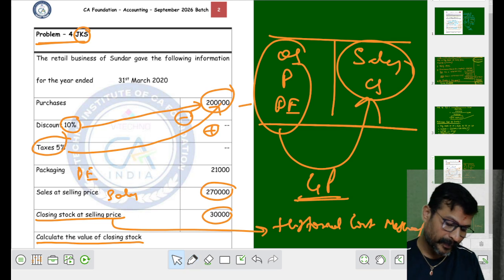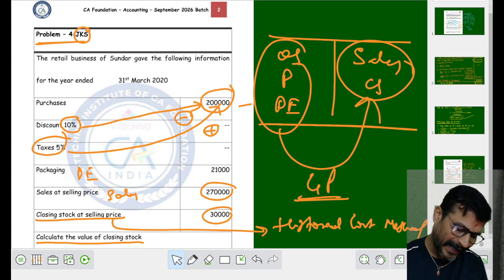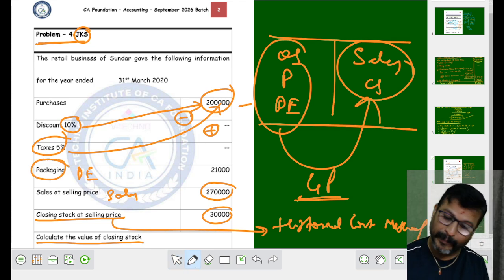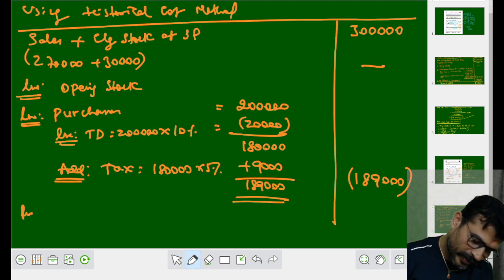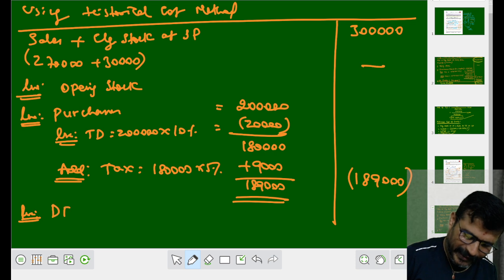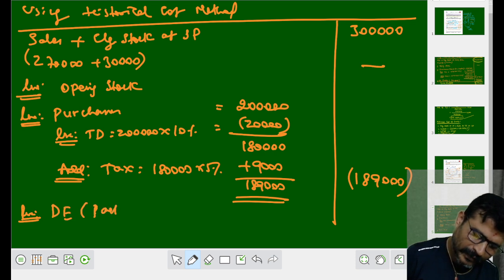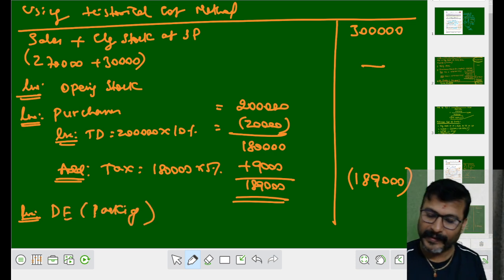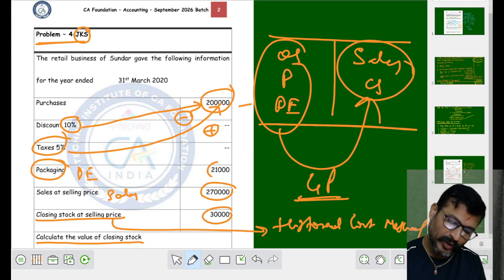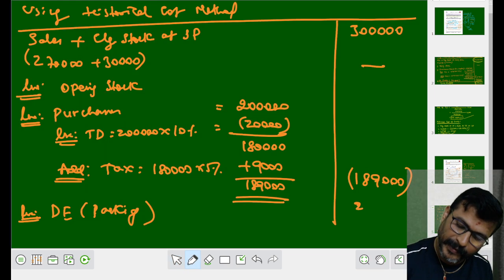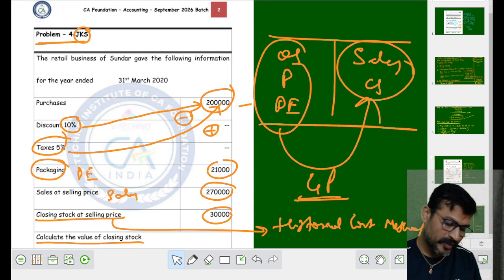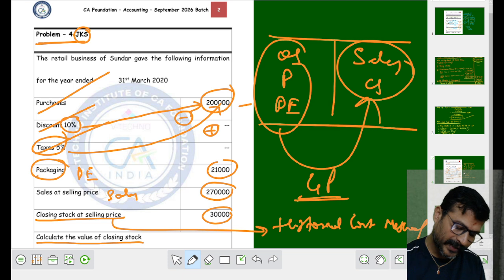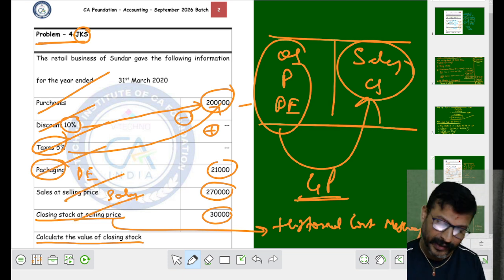Understood? Purchases, discount minus, tax plus. Afterwards there is packing. Packing comes under what heading, my dear student? It comes under direct expenses as packing. How much packing is given? 21,000. Subtract that 21,000. See whether you left out any items. Purchases we have taken, discount, tax, packing, sales at selling price, closing stock. All the items are taken.